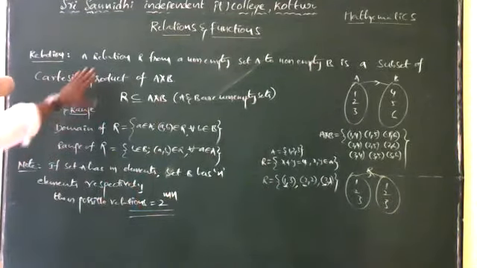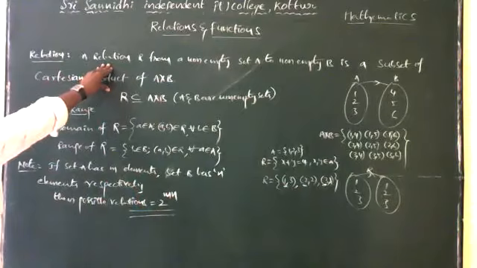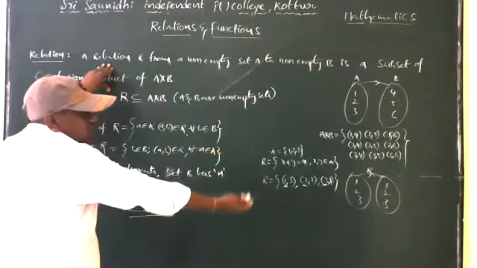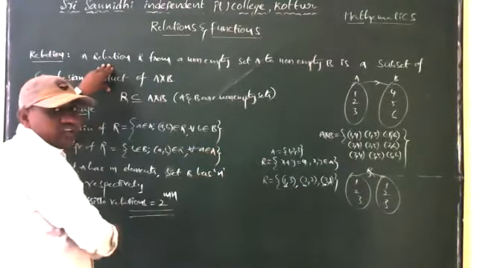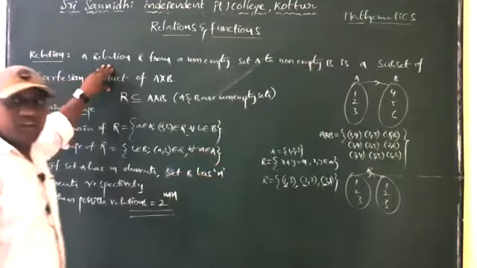Next, this is the relation condition. Remember it. What is the definition of relation? Relation is nothing but a subset of the Cartesian product. In that relation, whenever we define the relation, all x ordinates are called the domain of the relation, all y ordinates are called the range of the relation.